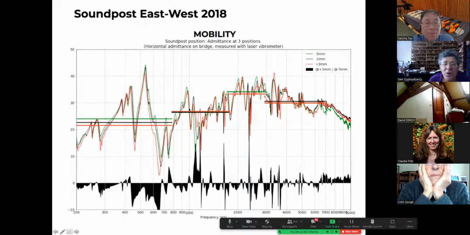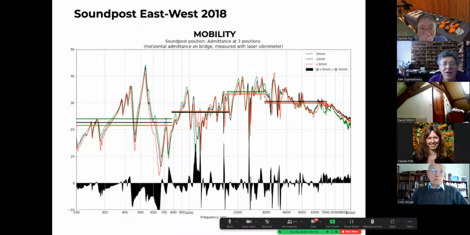I think this is one violin, if I'm not mistaken, but we liked it because it behaved in a way that we approved of. So while this violin gained radiation in the B1 plus, it lowered mobility at the B1 plus. That is a win-win, I believe.